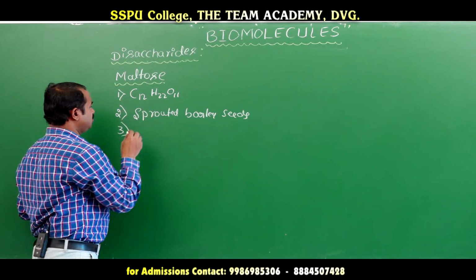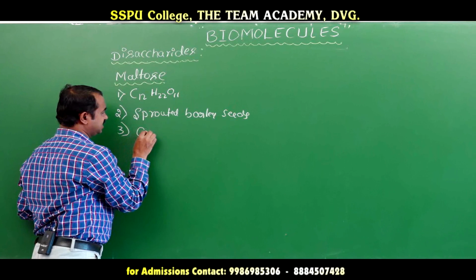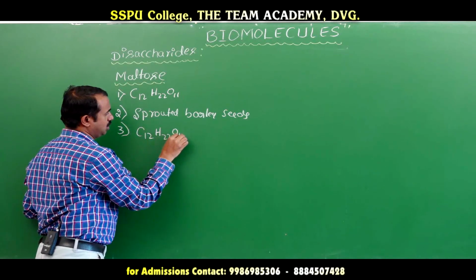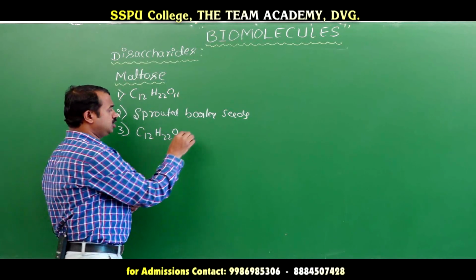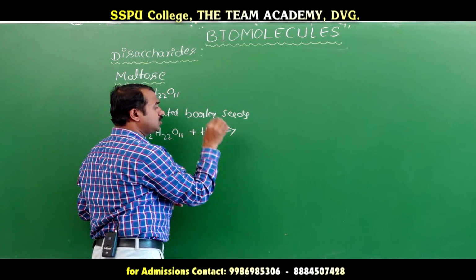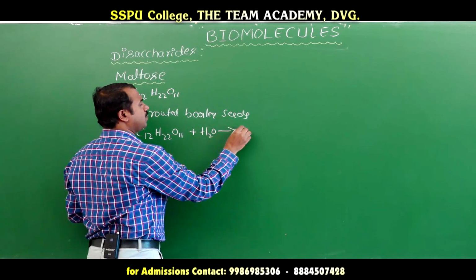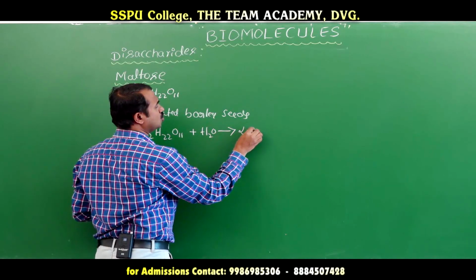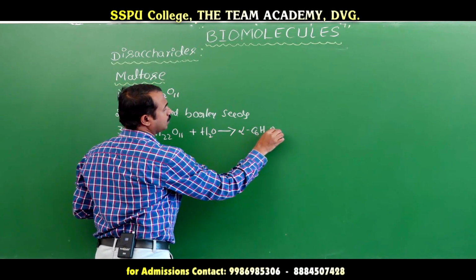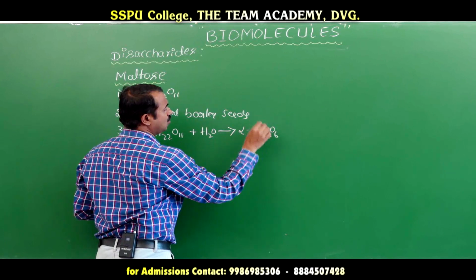Next, the maltose C12H22O11 undergoes hydrolysis to form 2 molecules of alpha glucose, C6H12O6.